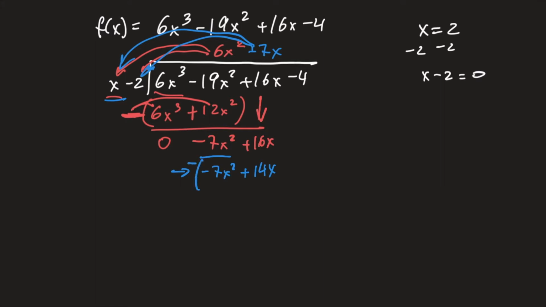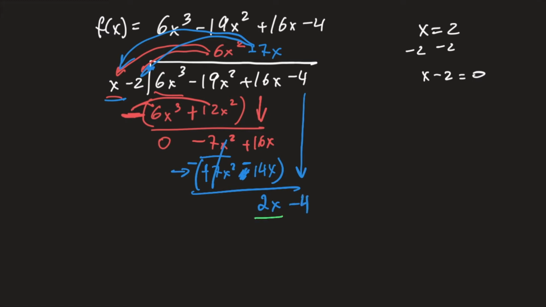Now again, I'm going to subtract this. In other words, I'm going to change the signs of everything down here at the bottom. So I have this turn into a positive. This now becomes a negative. These cancel. 16x minus 14x is 2x. And I'm going to bring down my last piece, which is negative 4.